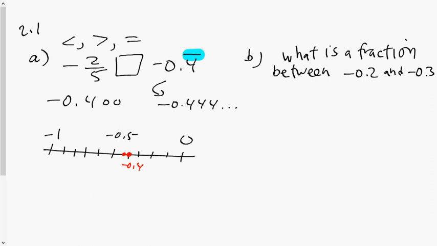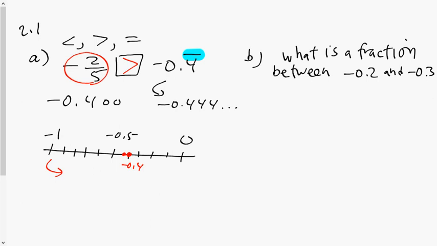And the farther something is from 0, when it's negative, the smaller it is. So this number is bigger than this number, and therefore we're going to use the greater than symbol, okay? And that's the proof we could have used on a test. We would have converted them both to decimals and shown on a number line where those are represented, and we would be able to say that negative 2/5 is greater than negative 0.4 repeating.